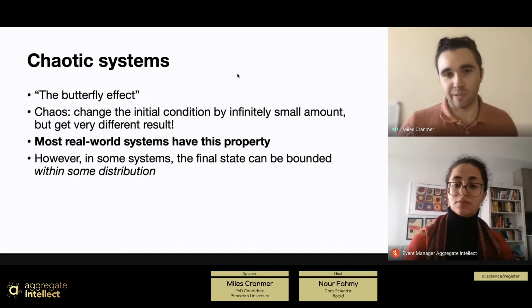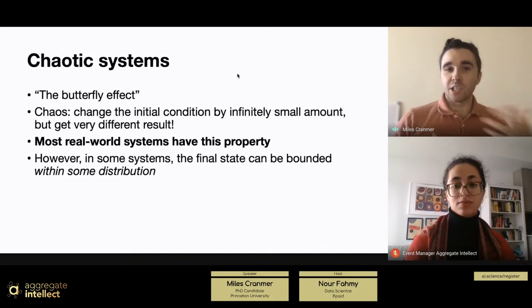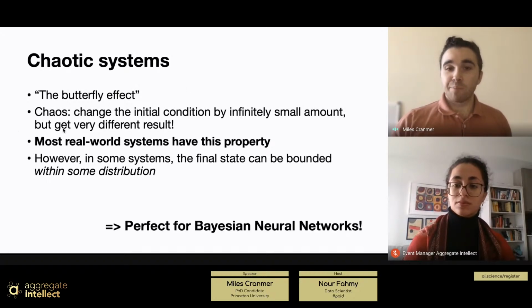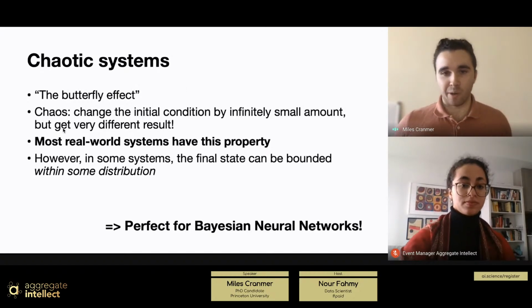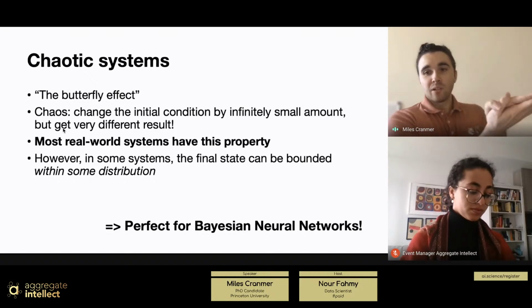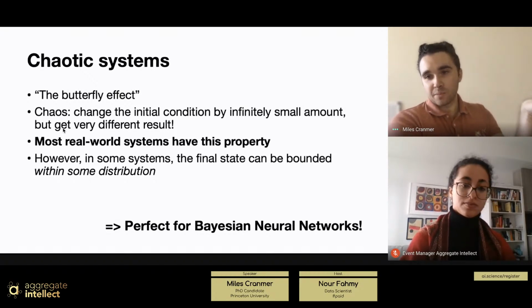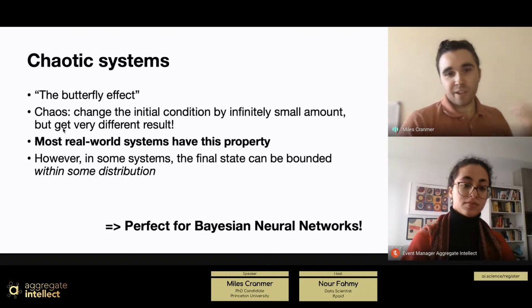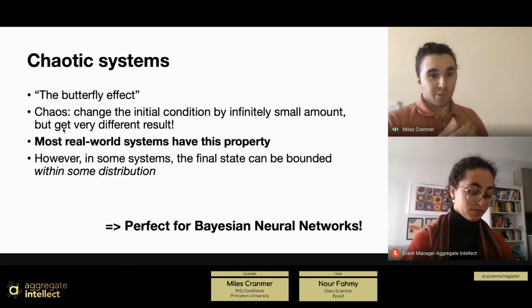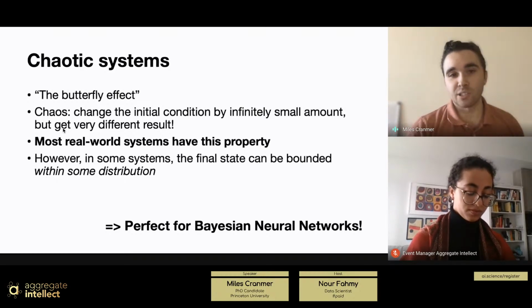So it's not completely random. And luckily for us, that means we can actually use deep learning for these problems. It's perfect for Bayesian neural networks because you're modeling a distribution, you're modeling the uncertainty of your model.